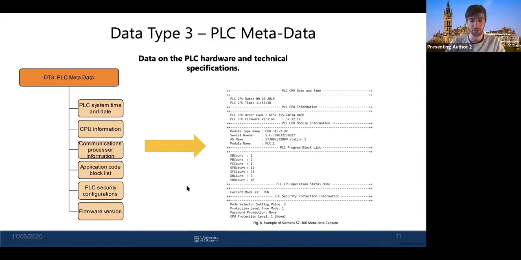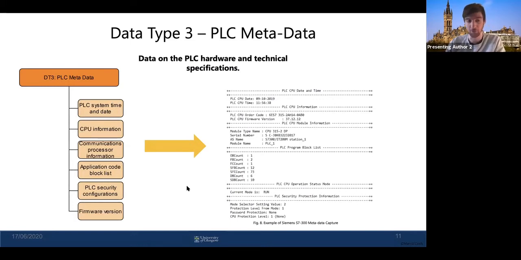Interestingly, with one of the PLCs, the S7300, we were able to acquire security configuration information, which for anyone that knows PLCs reasonably well, you'll know that they don't inherently often have a lot of security enabled. Some of them do come with some access control, some better than others, certainly more recent ones.